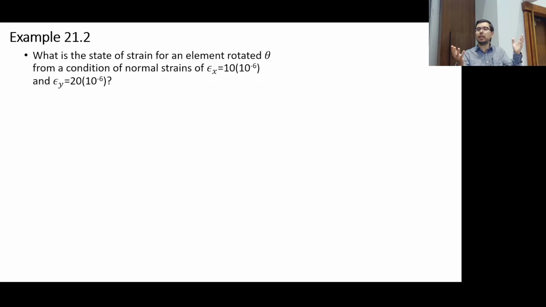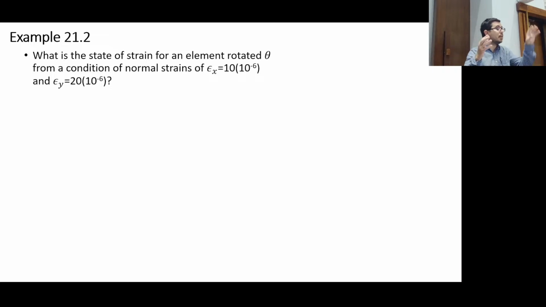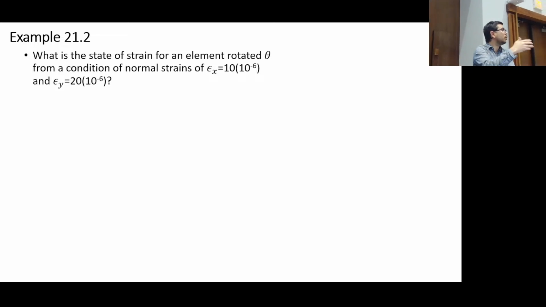Because you know that sigma is equal to E epsilon, and if I'm interested in epsilon, then it's just sigma_Y over E. Sigma_Y over E would give us the yield strain. So you could also look at yield strain and figure out, oh, this is my yield strain.